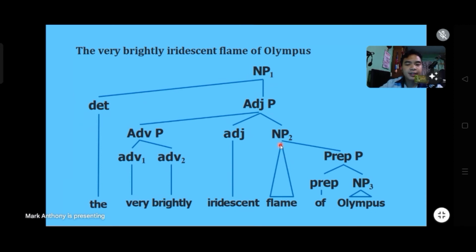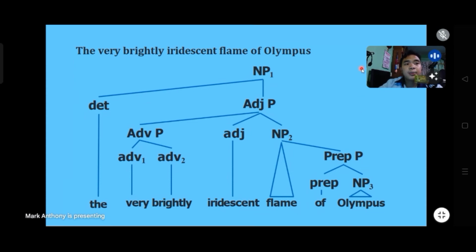And then it is followed by another sub-constituent, which is a prepositional phrase. The prepositional phrase is divided into two sub-constituents: the preposition, which is the word of, and a third noun phrase, which is the word Olympus.